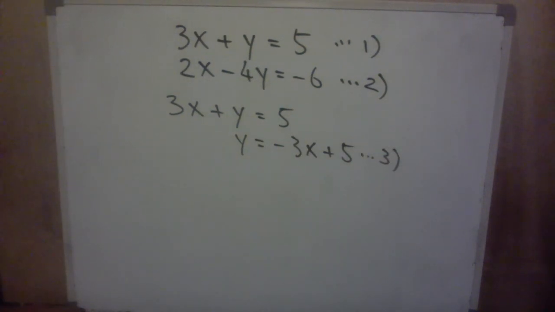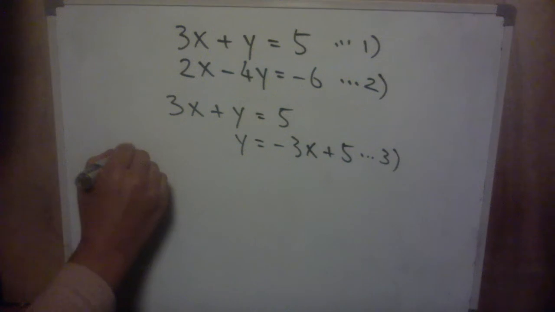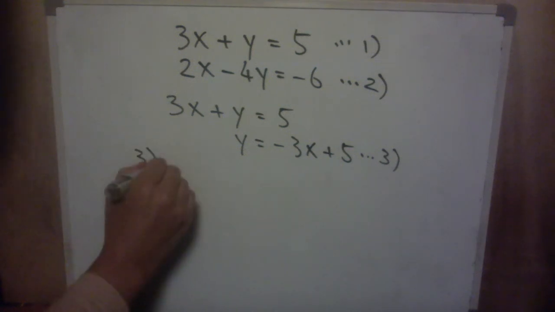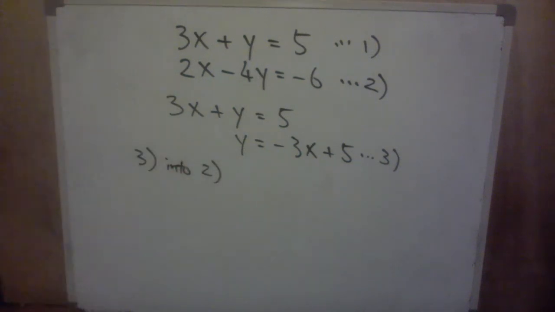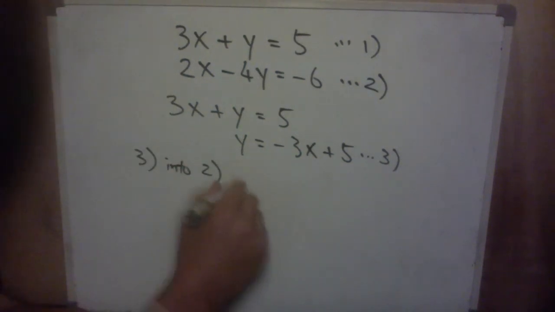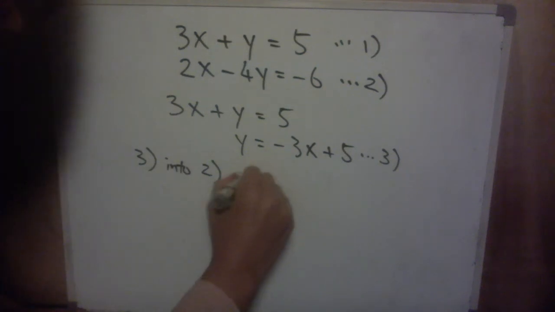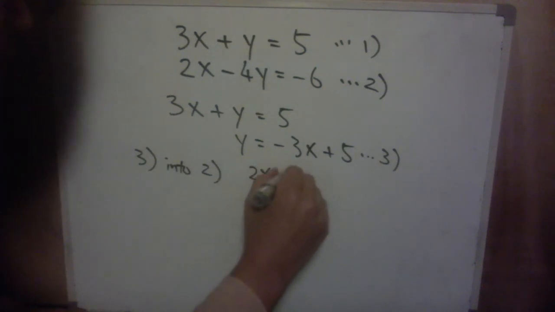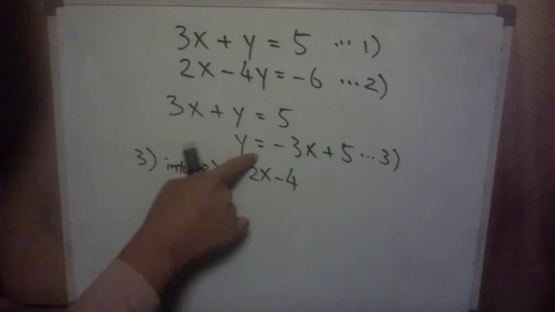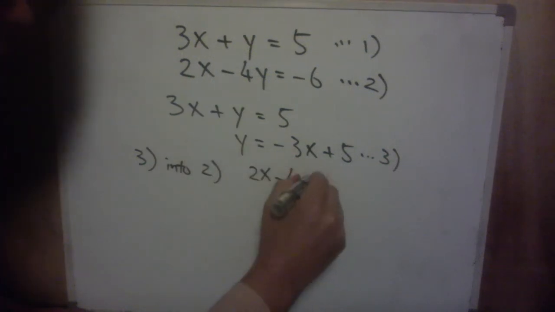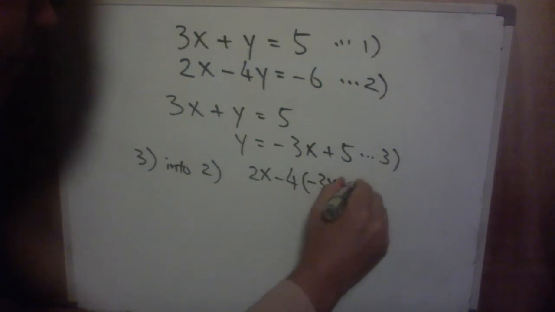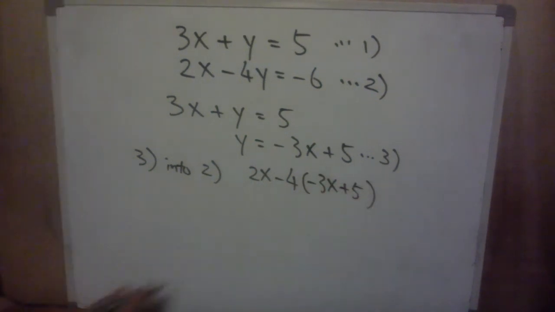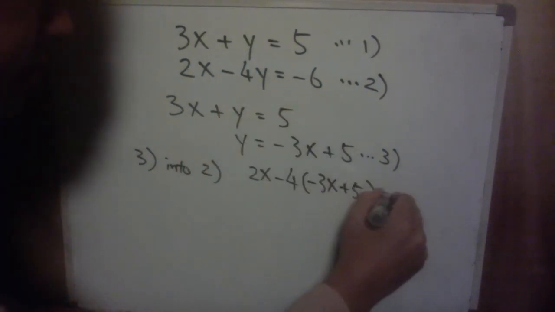And I'm going to substitute number 3 into number 2, the other equation. This is number 2. So what happens if I do that? That's 2x minus 4 times y, and y equals this, negative 3x plus 5, equals negative 6.